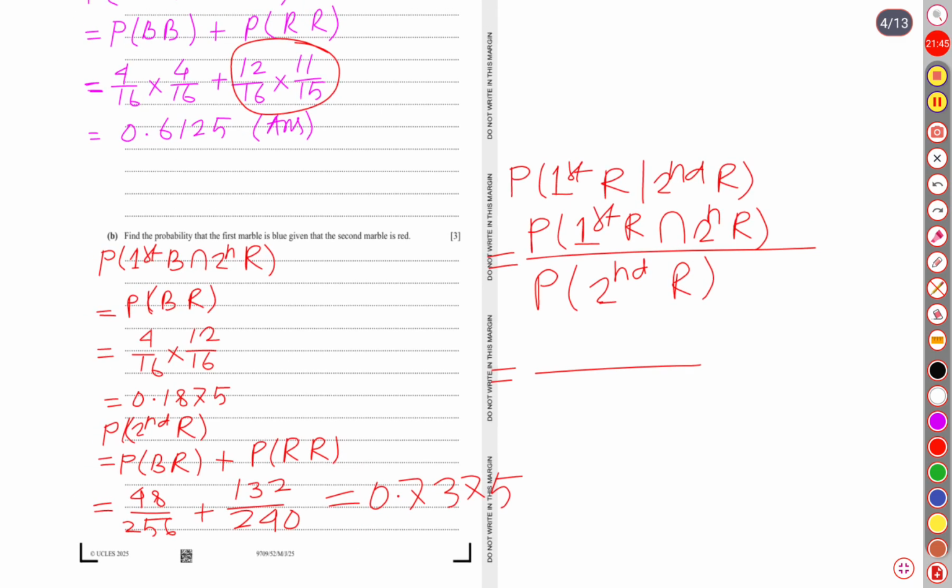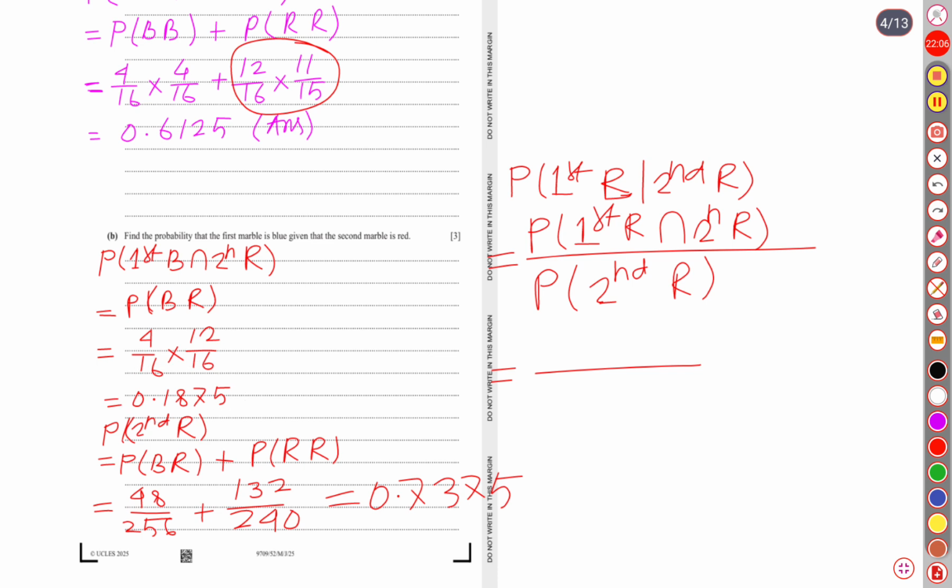First one is blue, sorry, it is not red, it will be blue. So for the first one is blue intersected by the second one red, this is our probability, 0.1875.